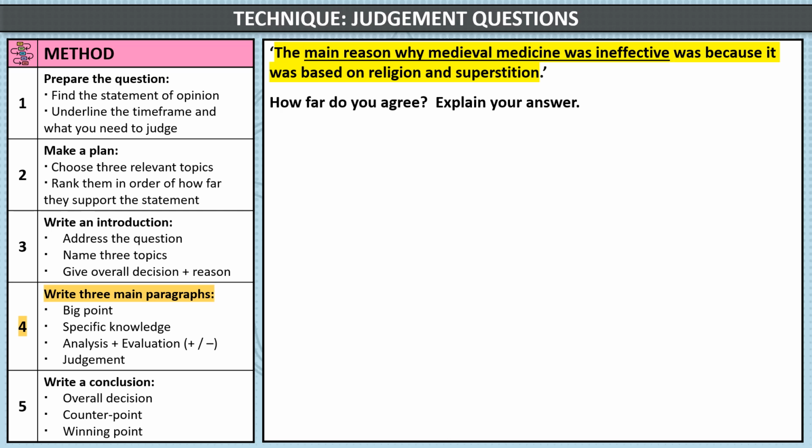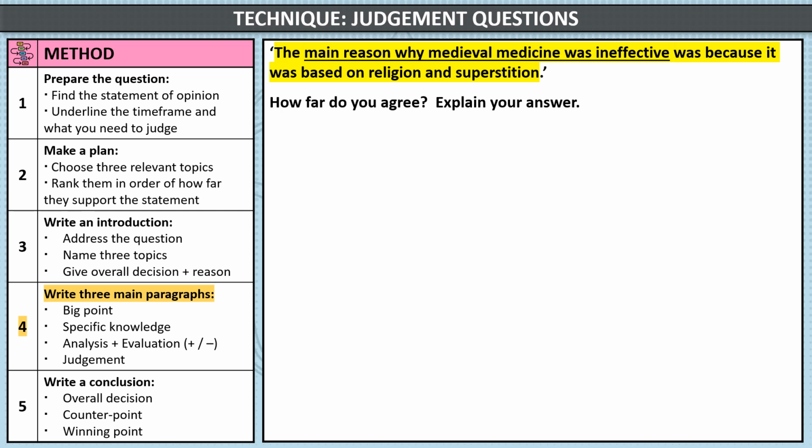And now I'm ready for my 3 main paragraphs. Now remember, each paragraph will either support the statement completely, challenge the statement completely, or I might write a paragraph which both supports and challenges the statement.